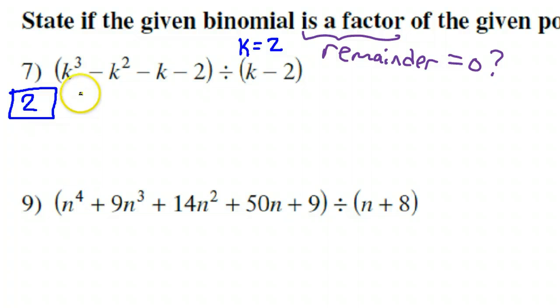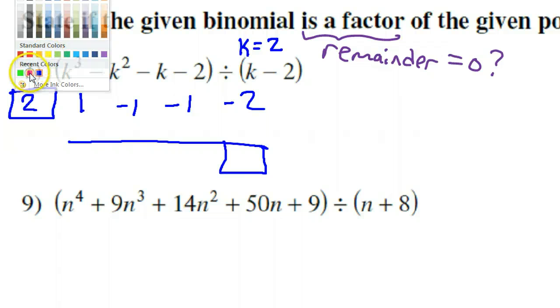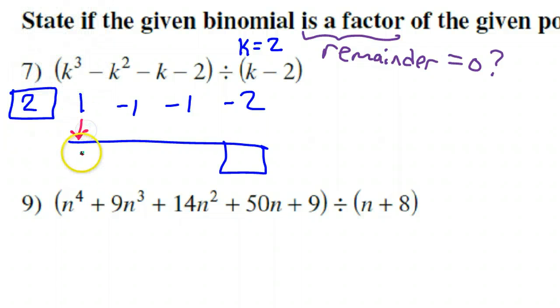So I've got 1, negative 1, negative 1, negative 2. Okay, multiply and add. Multiply and add. Multiply and add.